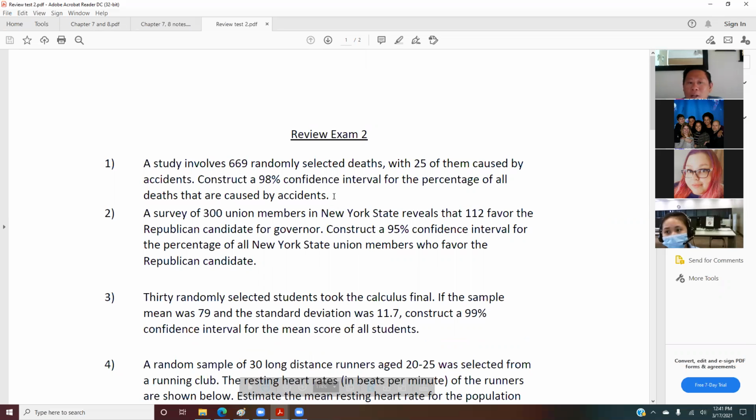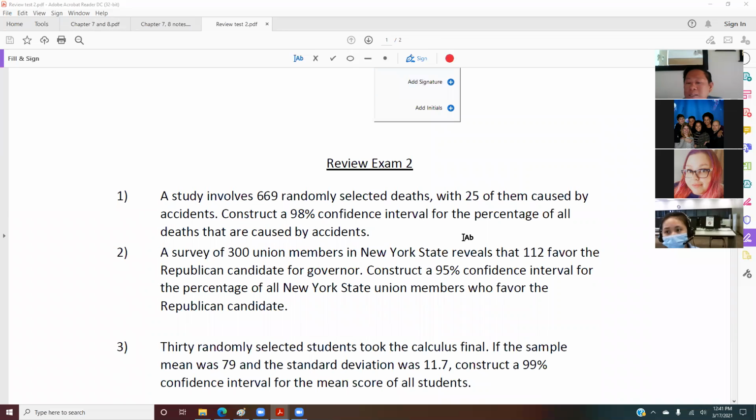Take question 1. If you read question 1, there are some keywords that you need to know. Can someone read question 1 and tell me the keyword I'm looking for here?